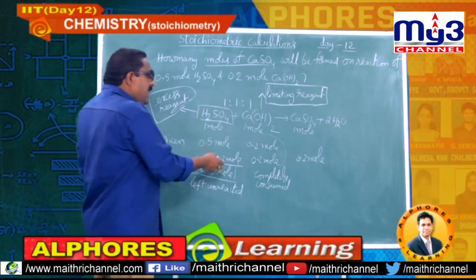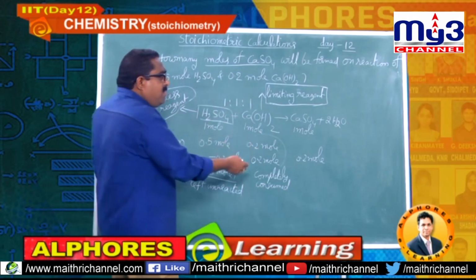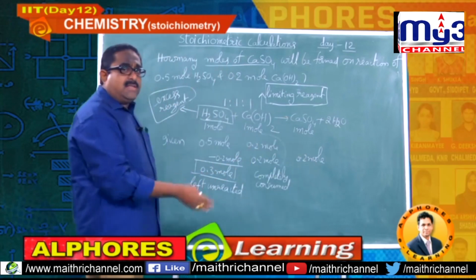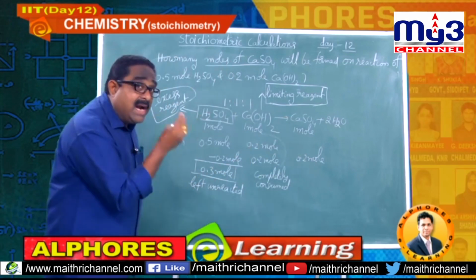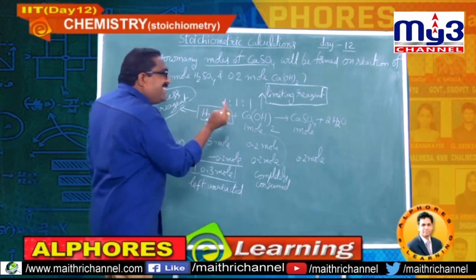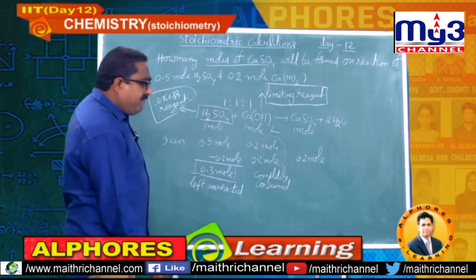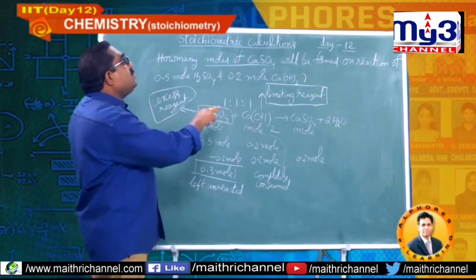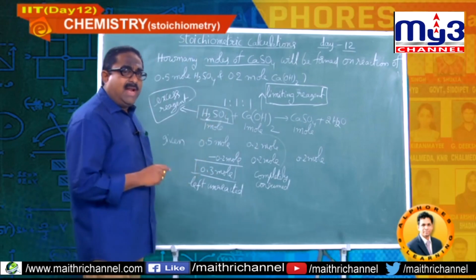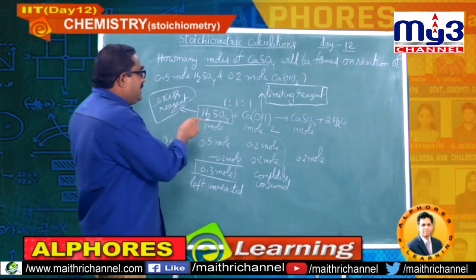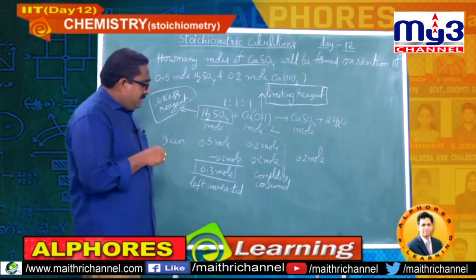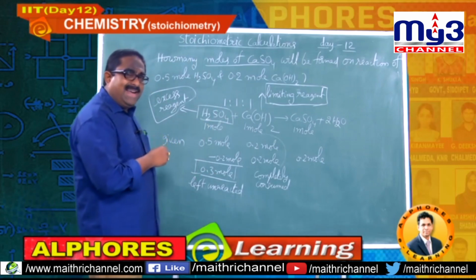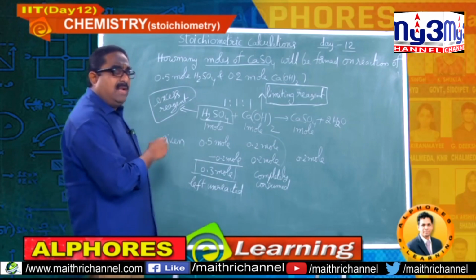So based on the data, we can estimate the amount of product obtained, and we can also predict how much excess reactant will be left after a reaction. Both things we can calculate from the same data. Please write this down carefully, students.